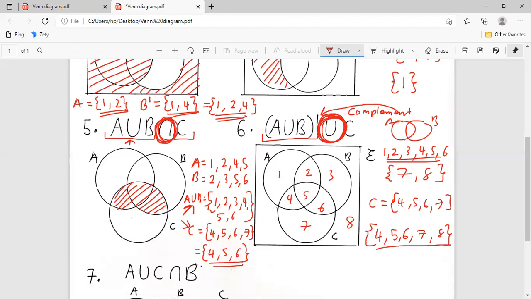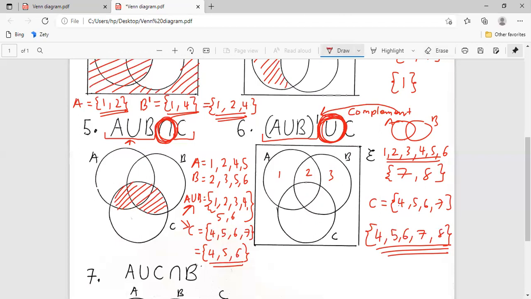This means if this is the union, this is where we are supposed to shade. So let me erase the chambers which we are supposed to shade so that we can shade them. Number 4 needs to be shaded. Number 5 needs to be shaded. Number 6, number 7, and number 8. So we need to shade all those regions.